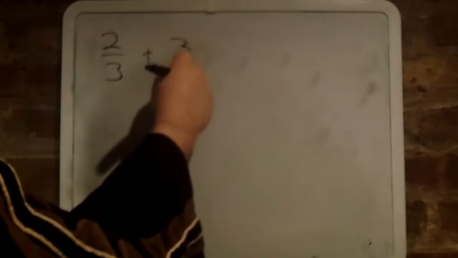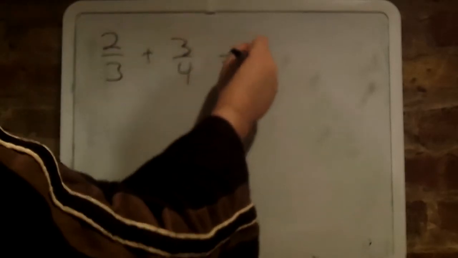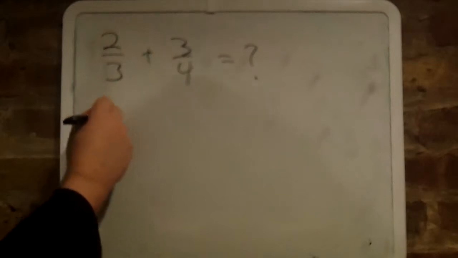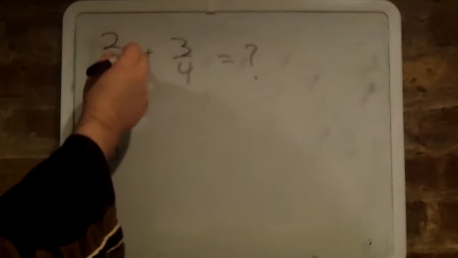If I wanted to add, say, 2/3 plus 3/4, again, you multiply this one on the top and the bottom by this number here, and this one on the top and bottom by that number.